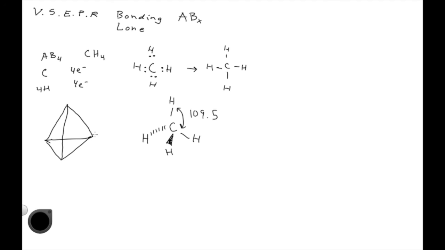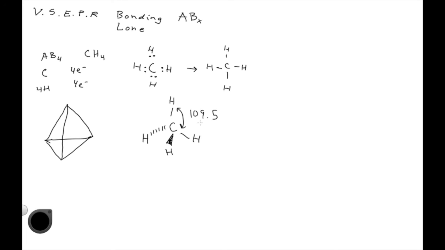In our molecule diagram over here, the dashed line represents bonds behind the plane of the page, or in this case the screen, and the bold lines represent bonds above the plane of the page or the screen.